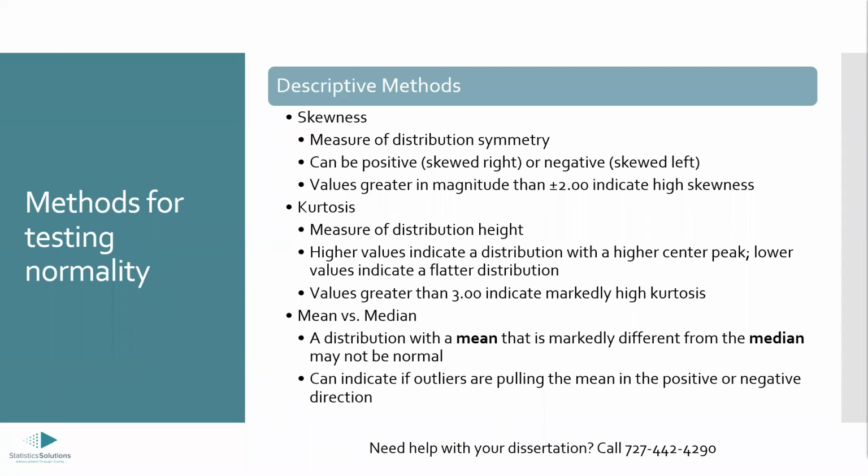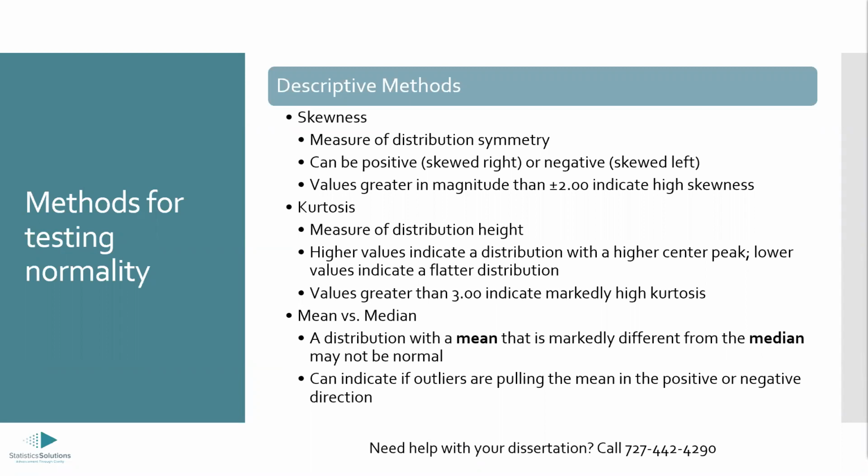So there are a couple different descriptive statistics that we can use to determine the nature of the data and how the data may differ from a normal distribution. The most common statistics that we use for this are skewness and kurtosis. So first of all, skewness is a measure of the distribution symmetry.